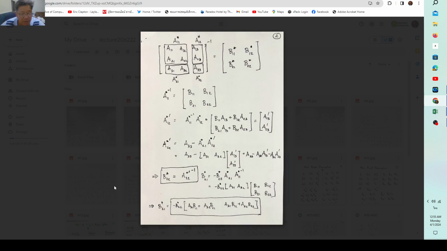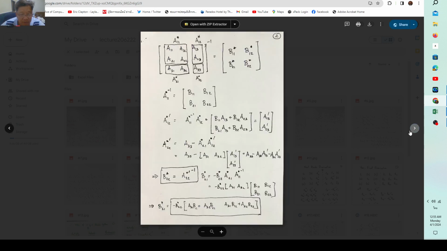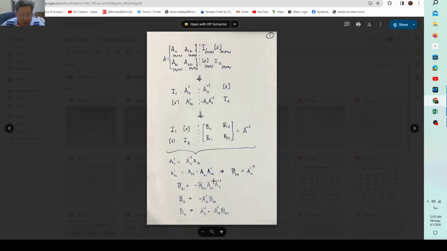Then B21, based on this formula, B12 is A12 prime, B22, right? This one, we got B22 first. After we get B22, B21 is minus B22, which you already computed, and you need to multiply by A21 and A11 prime.